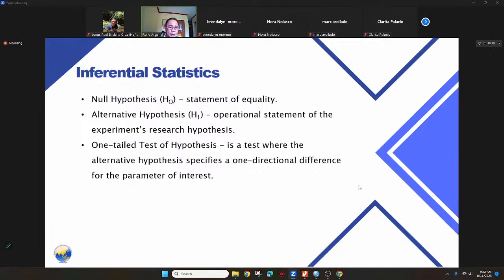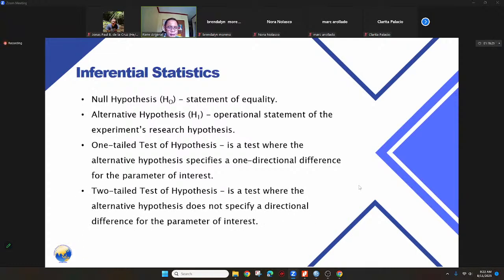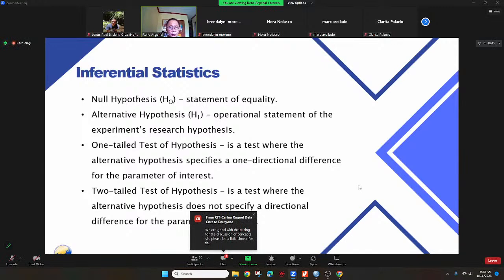And then you have a one-tailed test and a two-tailed test. The one-tailed test tells you whether your alternative hypothesis is directional.